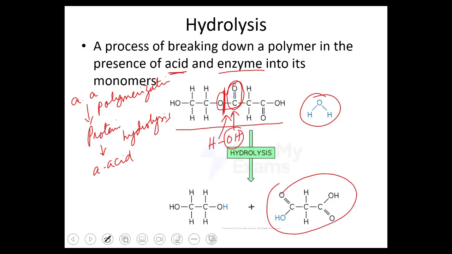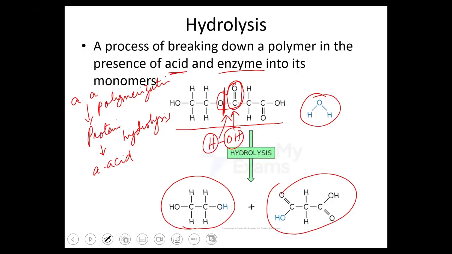The hydroxyl side will take its H back and it will make an alcohol. So hydrolysis means the polymer goes back to its monomer form. If it is happening in esters, it will be going back to carboxylic acid and alcohol. If it's happening in protein, it will be going back to amino acid.